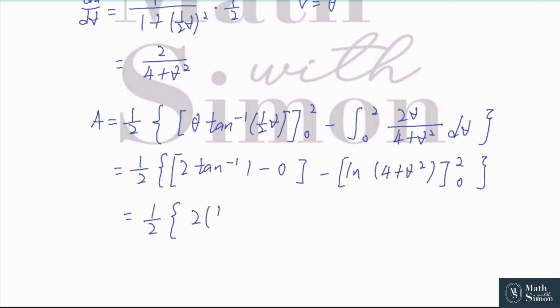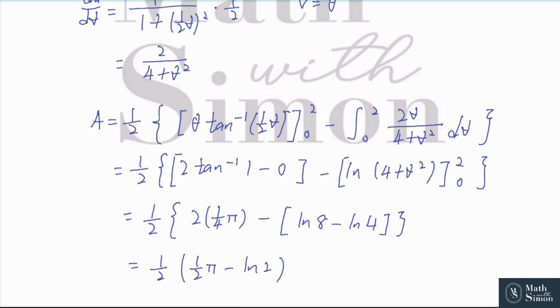Arctangent of 1 gives us 1 over 4 pi. Minus, we just have to evaluate this thing here. So this is ln 8 minus ln 4, and we're done. So this is half, and then in a bracket, we have got 1 over 2 pi minus ln 2. Ln 8 minus ln 4 means ln 8 over 4, so we get a ln 2. So this is the result, very simple.